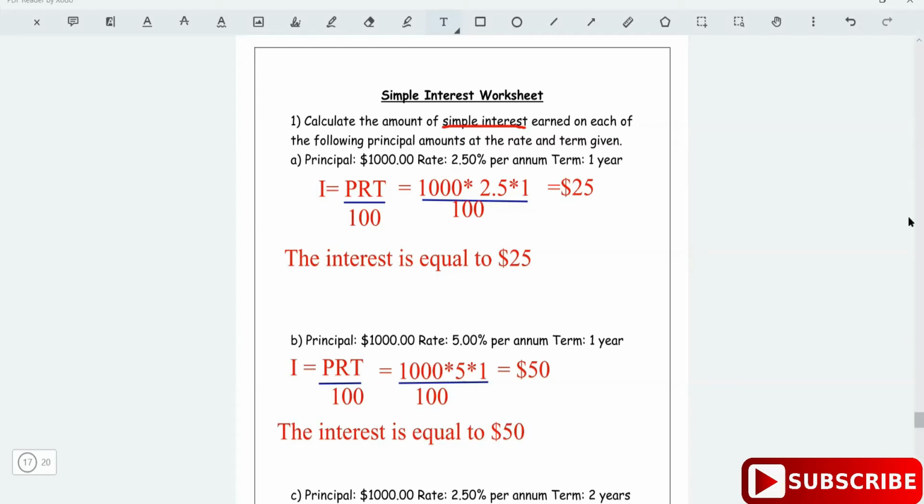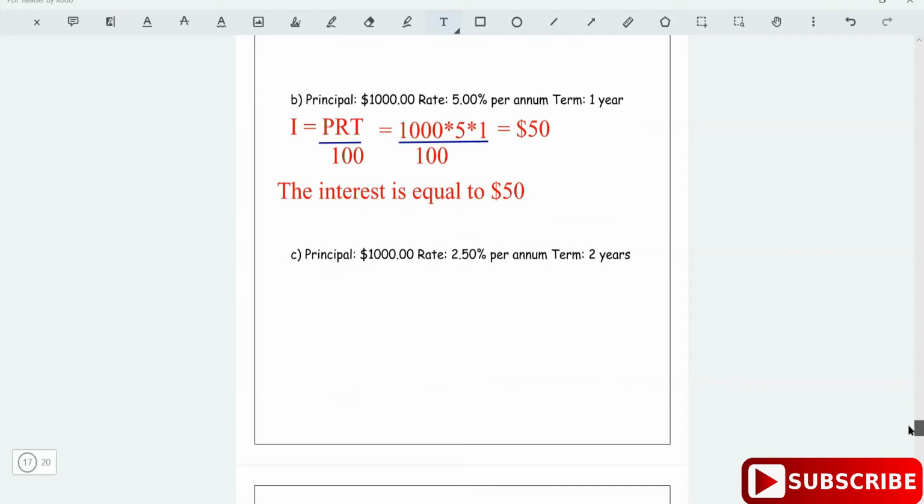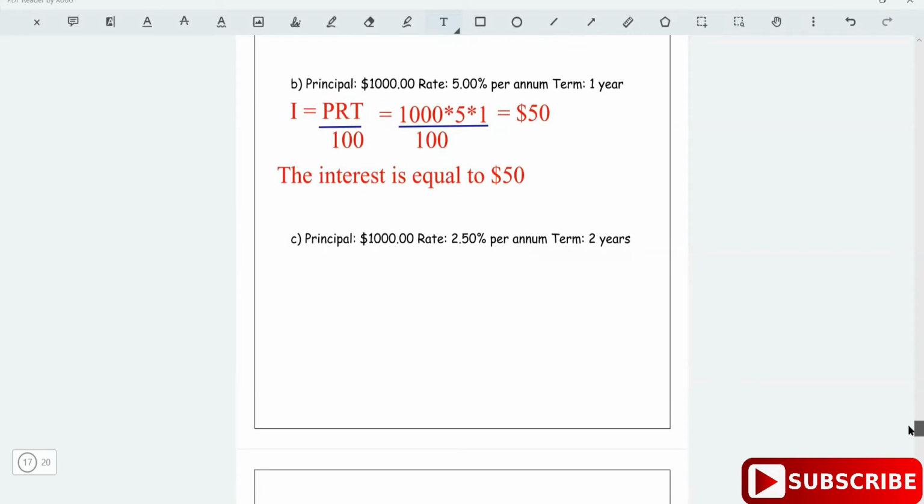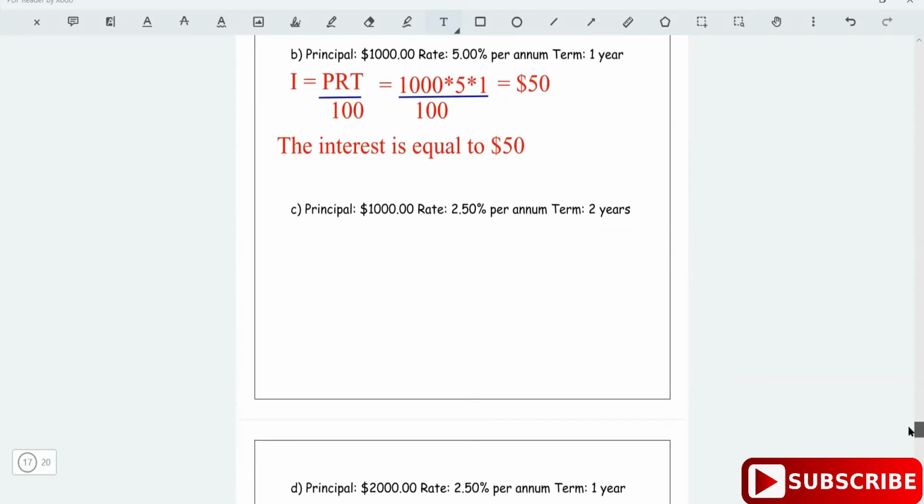Now let's look at this one right here. This question says the principal is $1,000. The rate is 2.5 for 2 years. So again, you just do the same thing. The interest is equal to the principal of 1,000 times the rate of 2.5 times 2 years, all divided by 100.